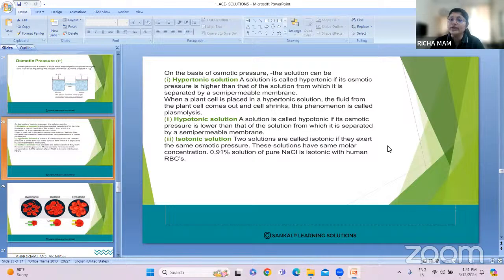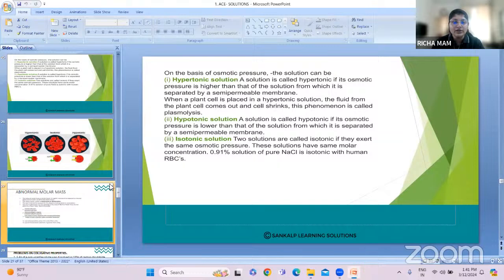The water will flow into the cell and the cell will swell. So on the basis of osmotic pressure, these are the three types of solution. Very important, you have to know them with examples, as it is asked.